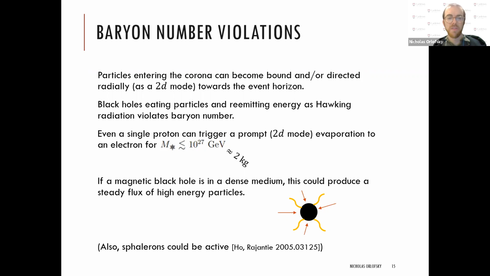And so, for example, even if it absorbs a single proton, it has a prompt decay back to near extremality via electron if it's 2 kilograms or less. And so if it's above this, then you need more than one proton. But if you're in some dense medium and have some steady flux of particles going in, then you can end up having some steady amount of energy being radiated out. So this is what I mean by baryon number violation effects.